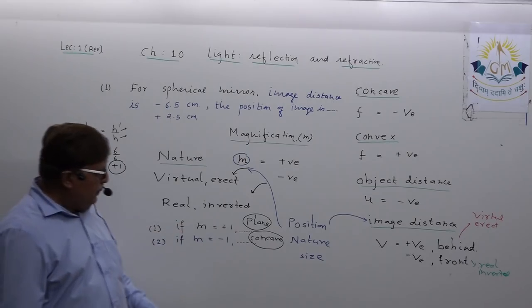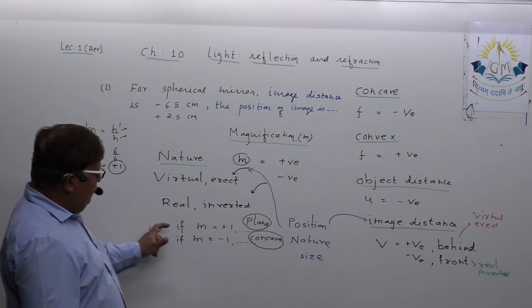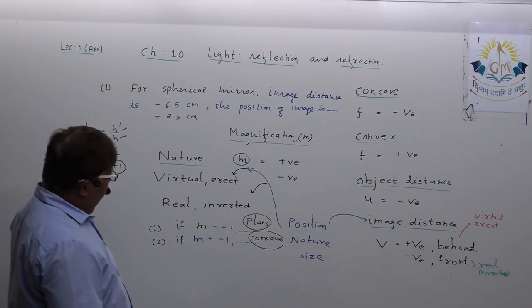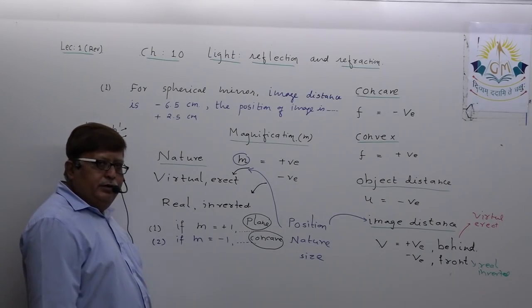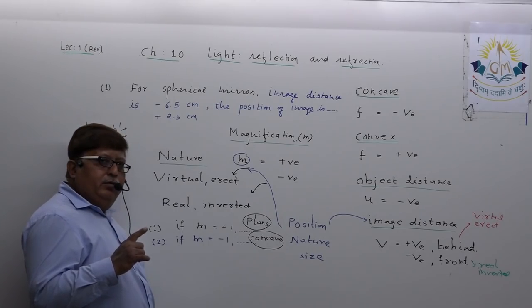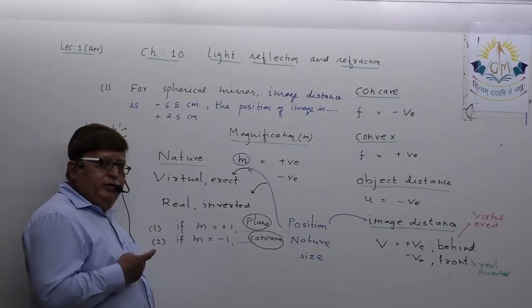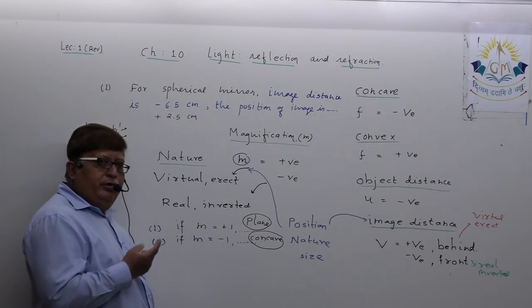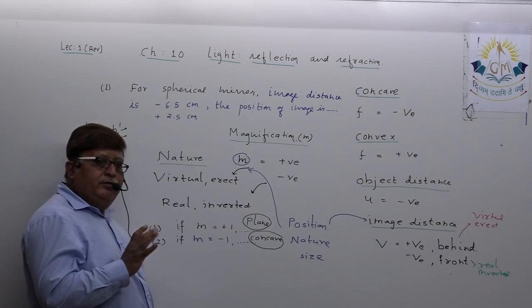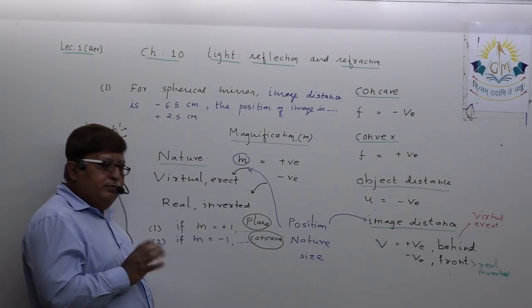Okay. Two MCQs we discussed regarding magnification. m plus 1: image is virtual, erect, and of same size. Which mirror can produce such type of image? Only plane mirror.